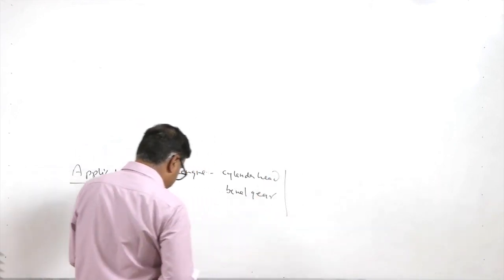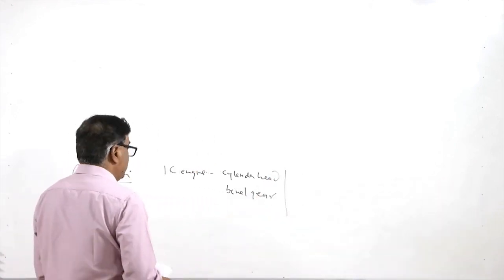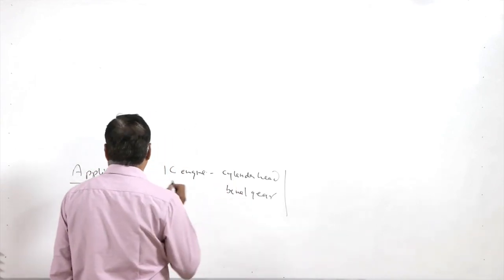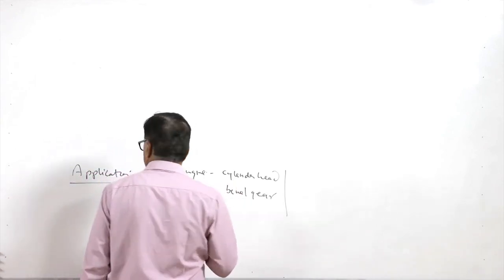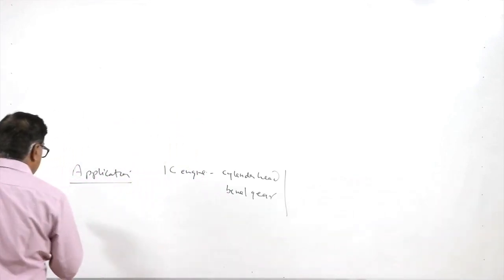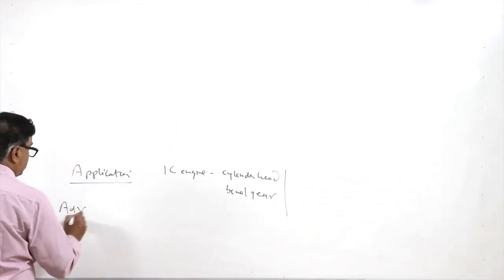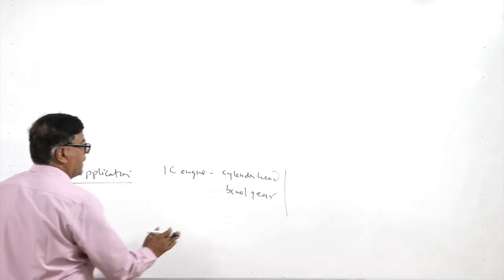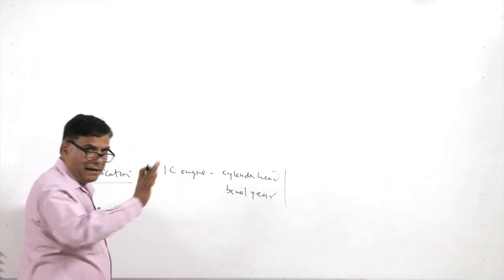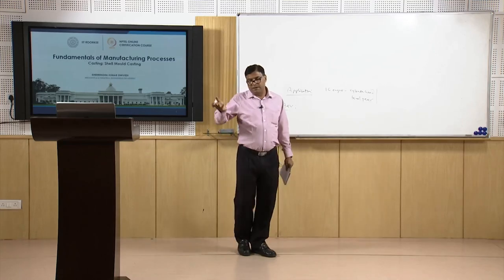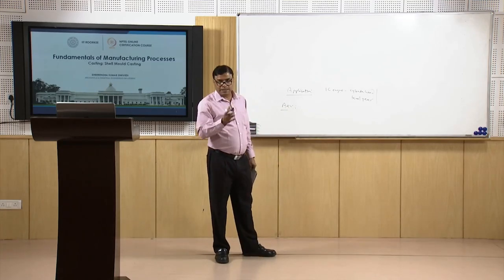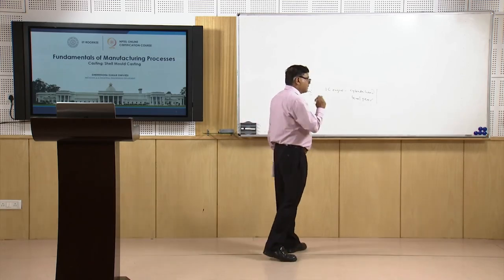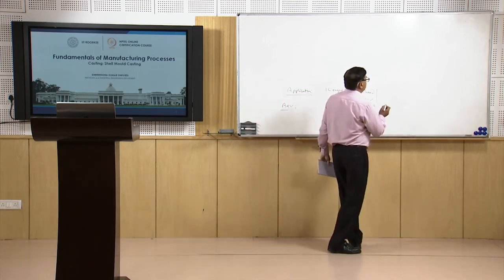These are two common components, apart from many other fine components of automobiles. The advantage of this process is that once the shell is ready, we can pour the molten metal into it as per the requirement, so that after solidification we can get the casting.